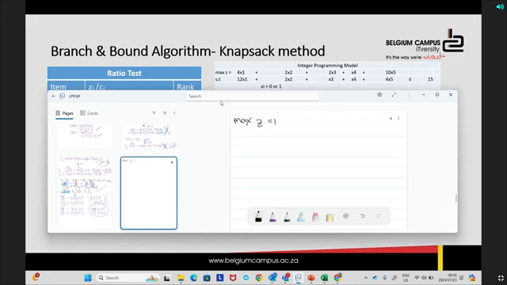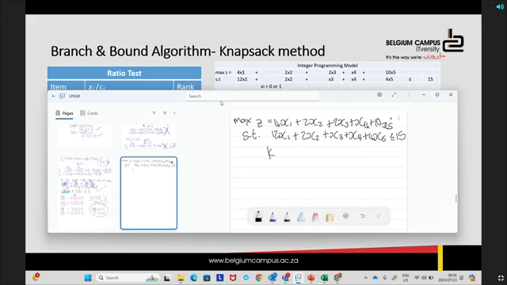Max z equals 4x1 plus 2x2 plus 2x3 plus x4 plus 10x5. Then subject to 12x1, 2x2, x3, x4, 4x5. What's the coefficient of x4? Just to make it clear, what's the coefficient of x4? Thank you, it's 1, right?